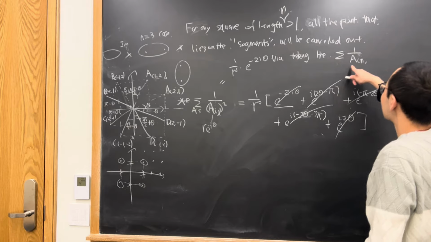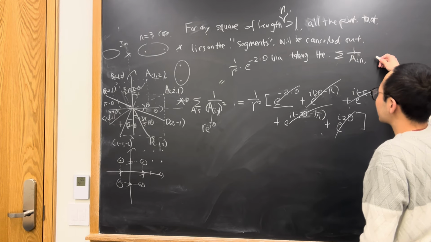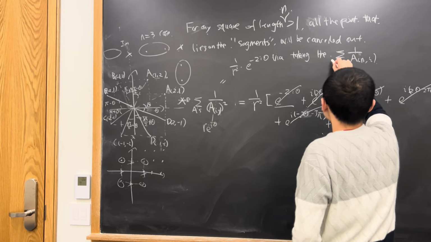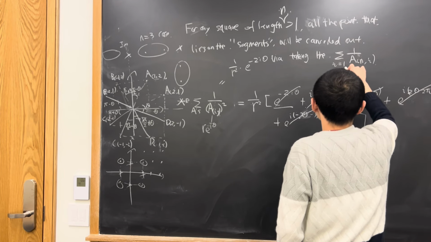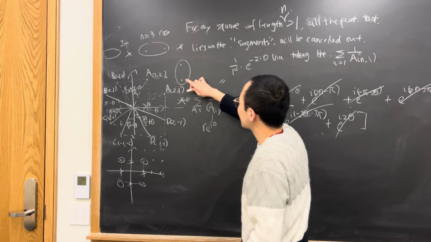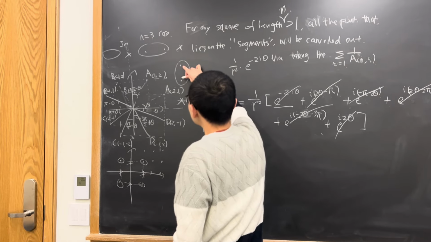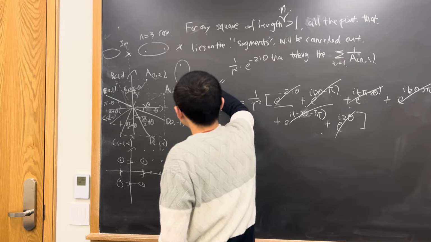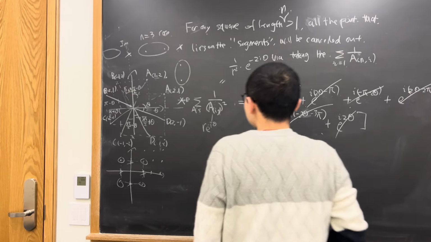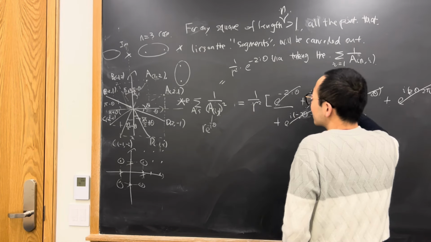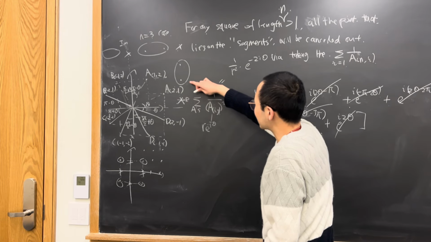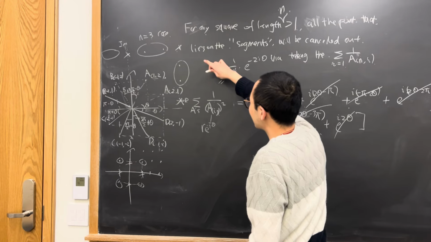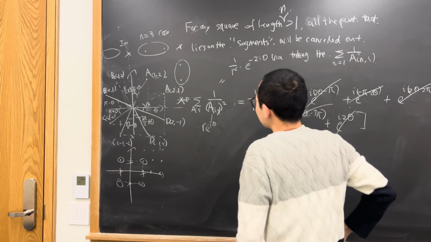And then you have a_n's. So where this i goes from 1 to n, right? Because the number of points is 1 bigger than the number of segments, right?